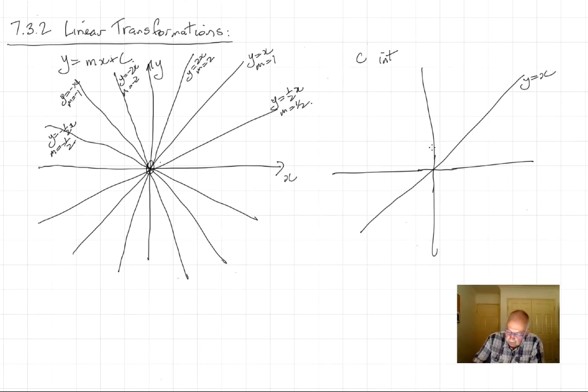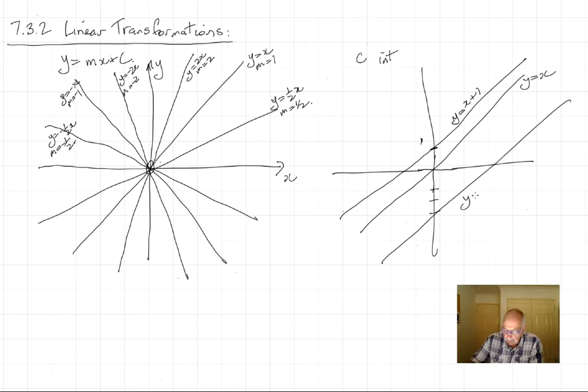Well, we just go through the point 1, and there's y equals x plus 1. We know it's parallel. y equals x minus 3: 1, 2, 3. Parallel. So the c value simply slides the basic graph up and down the y-axis. And that's all there is to it.